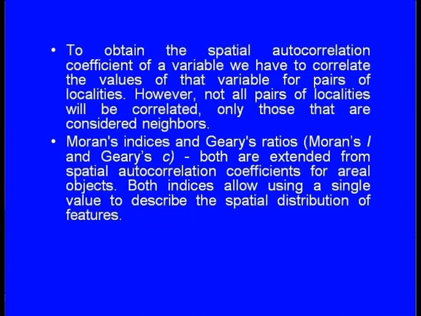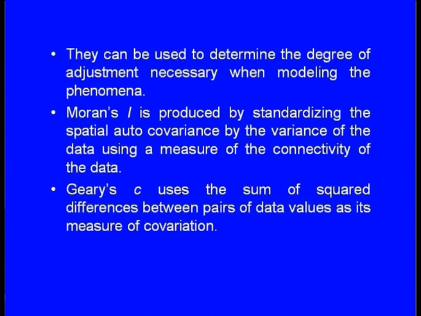Moran's indices and Geary's ratios, that is Moran's I and Geary's C, both are extended from spatial autocorrelation coefficients for areal objects. Both indices allow using a single value to describe the spatial distribution of features. They can be used to determine the degree of adjustment necessary when modeling the phenomena.